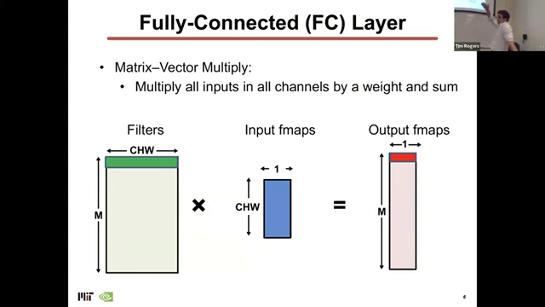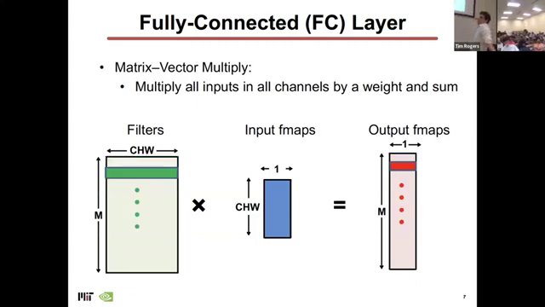How does that work? You take one row of the filter, which is logically one filter, multiply it by the entire input FMAP, then move to the next row of the filter, get the next output in the corresponding output vector, and just repeat this. With a batch size of 1, you get an output vector.